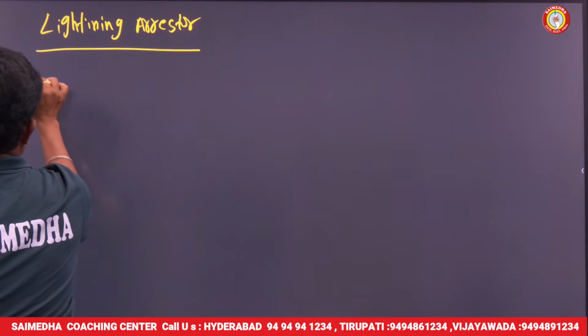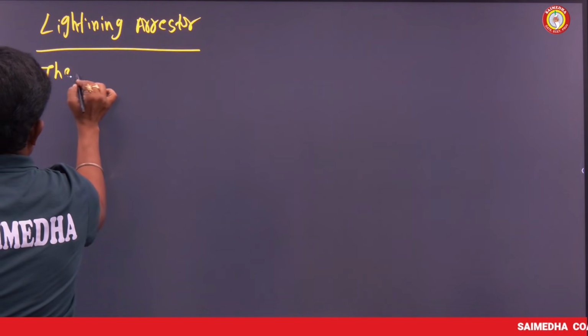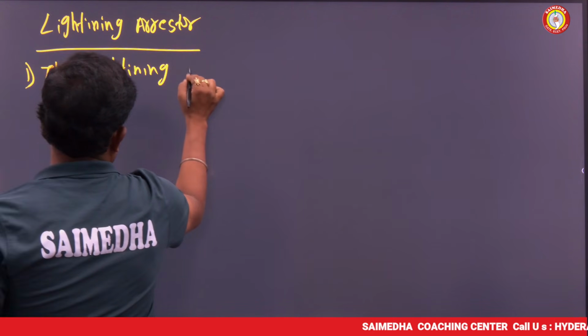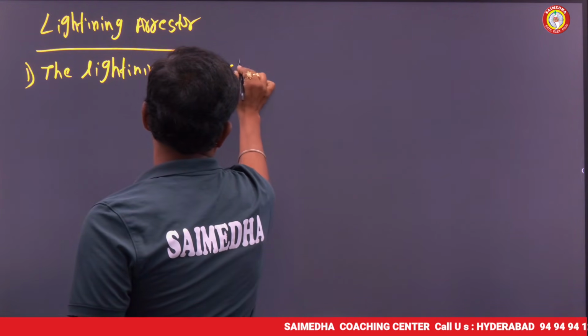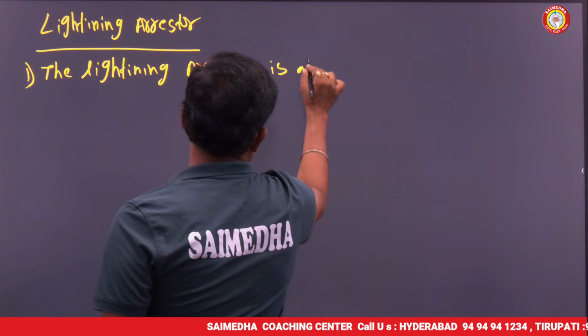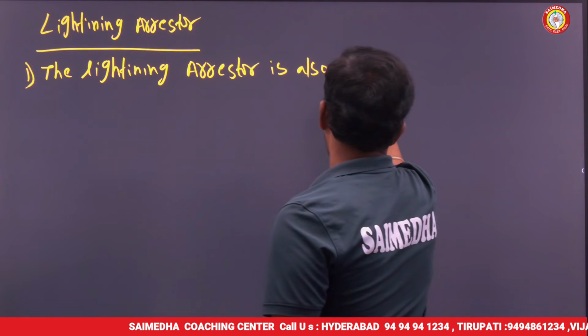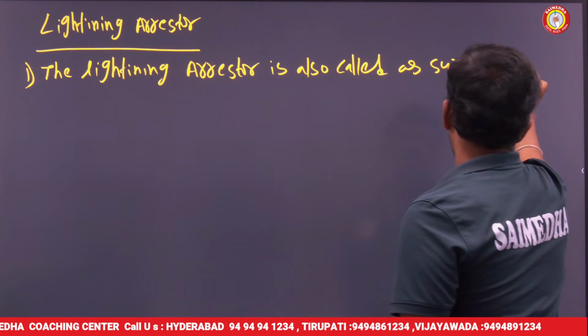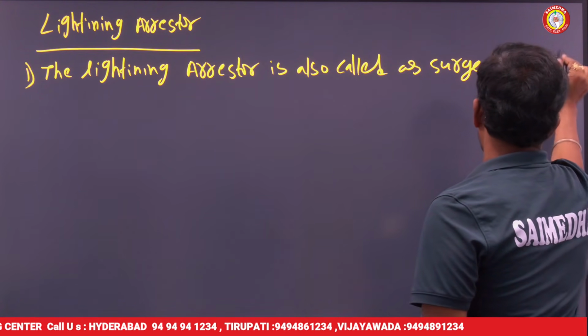First point: the lightning arrestor is also called a surge diverter.